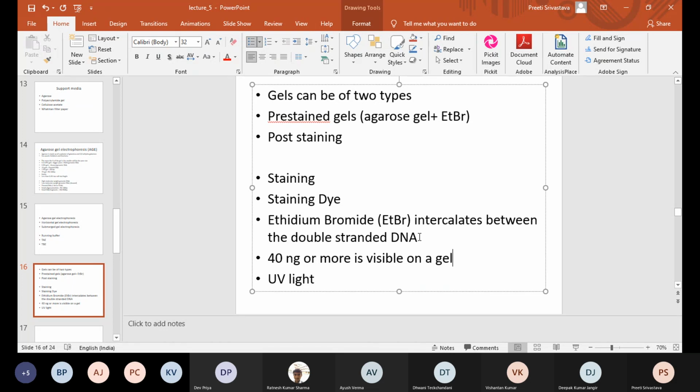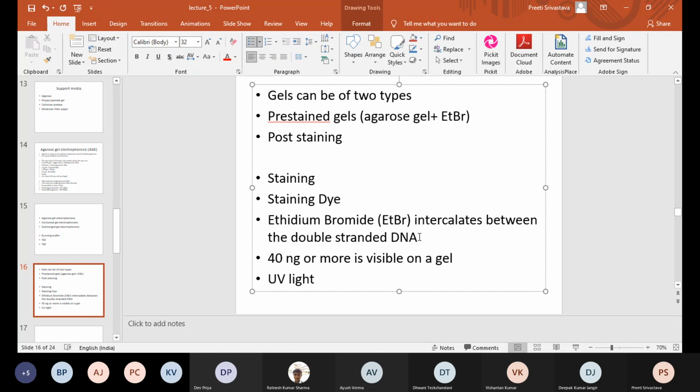Ratnesh, the concentrations that you are talking about, when we observe the DNA under UV light, there we use a spectrophotometer, where the concentrations are very low and you can measure them. But here in this case, we want to observe it on a gel.